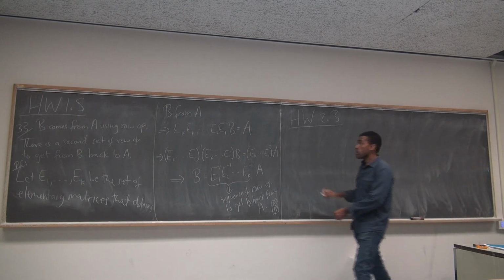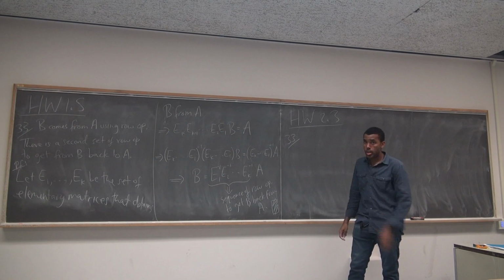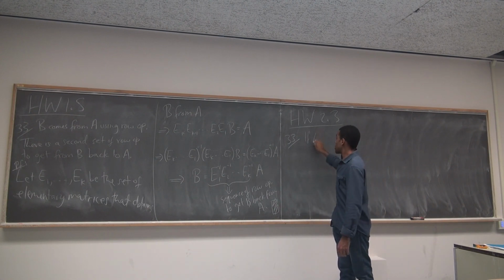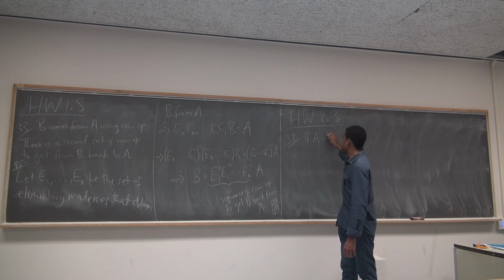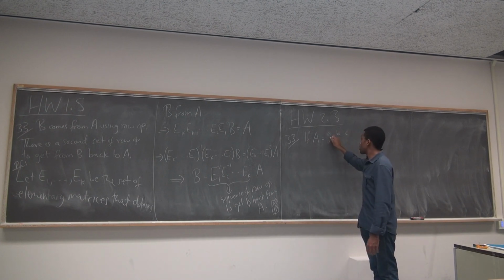Okay, what does that say? If A is the 3 by 3 matrix with entries a, b, c going across, d, e, f, all the way to i.